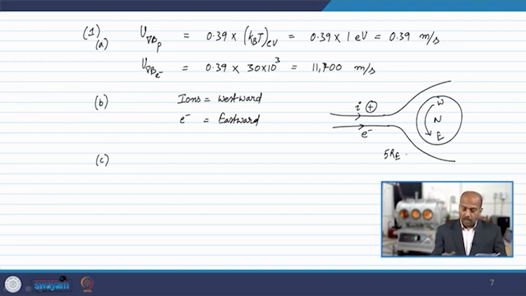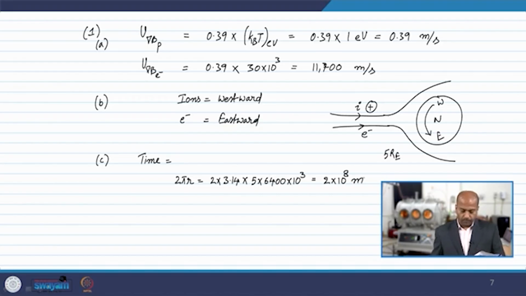So, we have to calculate the time. S equals ut, distance equals velocity times the time. The distance is 2 pi r, which is 2 into pi into r. What is r? 5 times 6,400 into 10 to the power of 3. This will be something like 2 into 10 to the power of 8 meters.